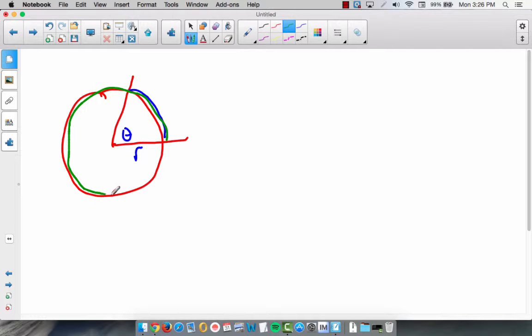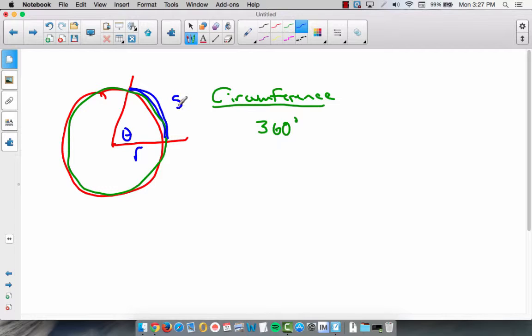And you can kind of set up a proportion. You can say circumference is to 360 what that arc length, let's call it S, is to theta.